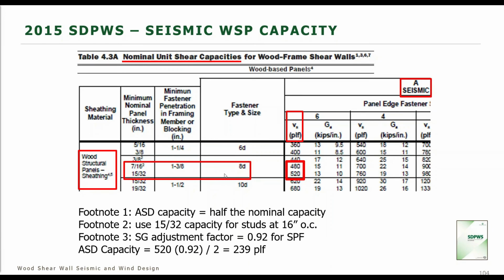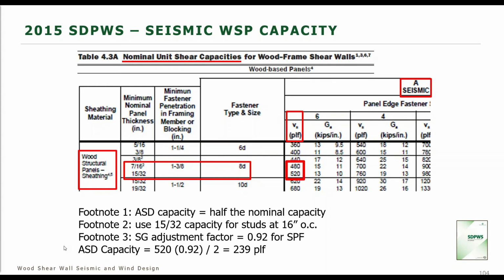is a nominal unit shear capacity, so we've got to divide it by 2 to get it into allowable stress design. Then, because we have our studs at 16 inches on center, we are allowed to take the value for 15/32 per footnote 2. So that bumps it up from 480 to 520.